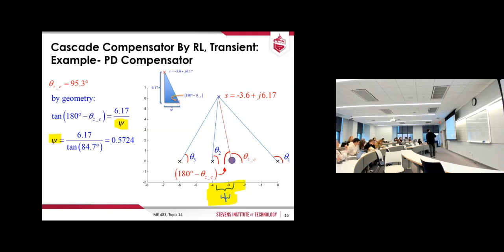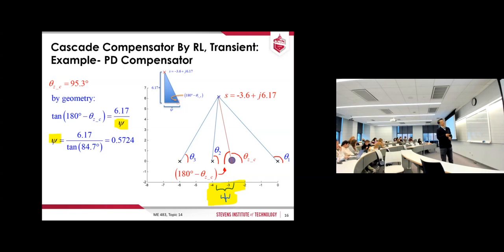Should I repeat again? This angle here, from this geometry, we found this theta zc, which was 95.3 degrees. Therefore, this angle in this triangle should be 180 degrees minus theta zc, right? Then tangent of this angle is the y component divided by x, so 6.17 divided by c.